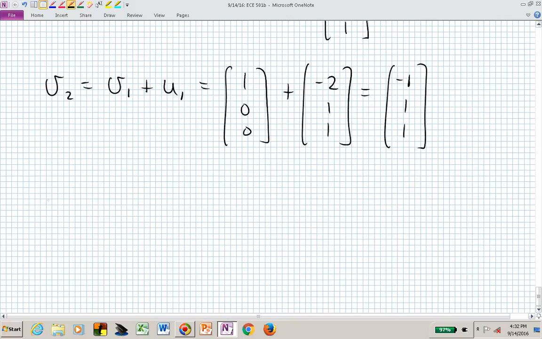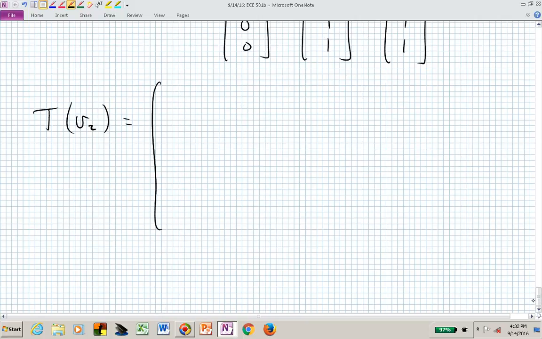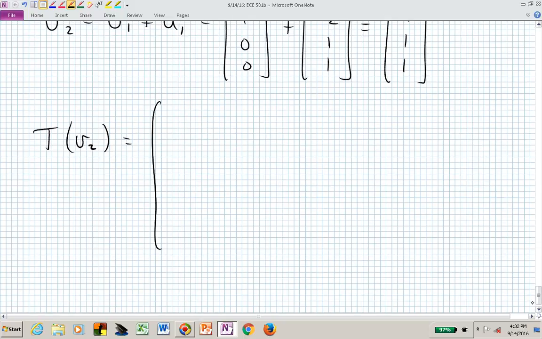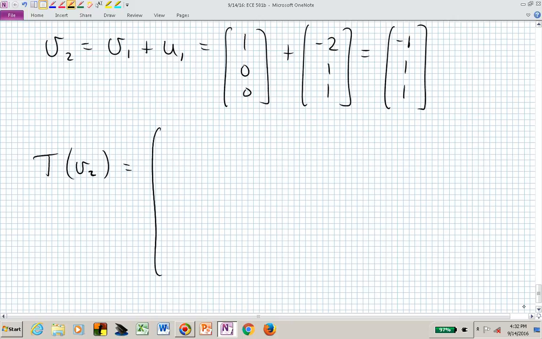And if we apply the linear map T to V sub 2, and if we just did it brute force and we didn't use our additivity property of the linear map, which would be the easy way because we know T of U1 is 0 and T of V1, we know what that is, but let's just plug it in from these values. So set x equal to minus 1, y equal to 1, and z equal to 1.